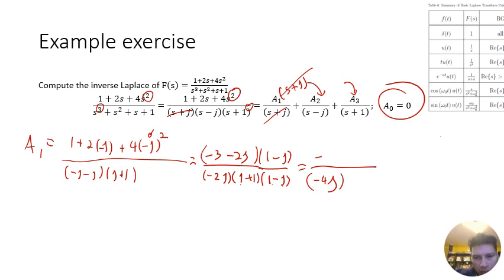And then we have minus 3 minus 2j plus 3j, and then plus 2. Is that correct? Minus minus becomes plus, yes.